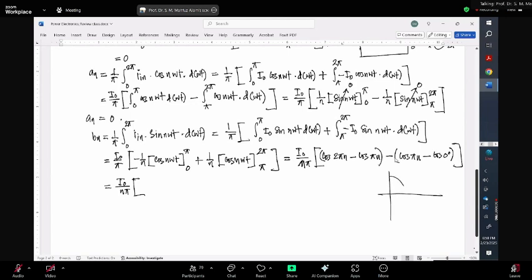Cos waveform, it will look like this, right? So at 0, the value is 1. When you have pi by 2, the value becomes 0 again. When it is pi, the value is negative. Then when you have 2 pi, what will happen? The value is again positive, right?